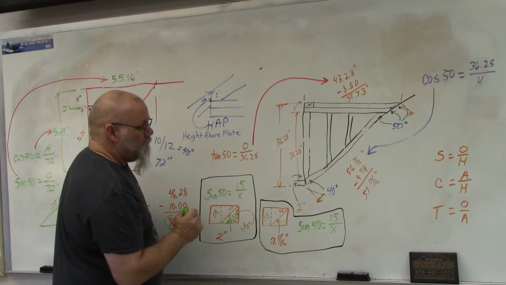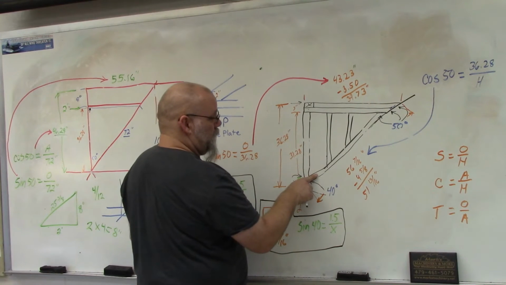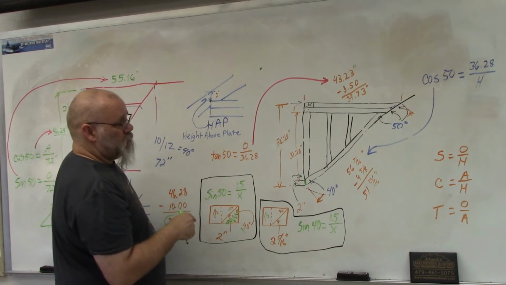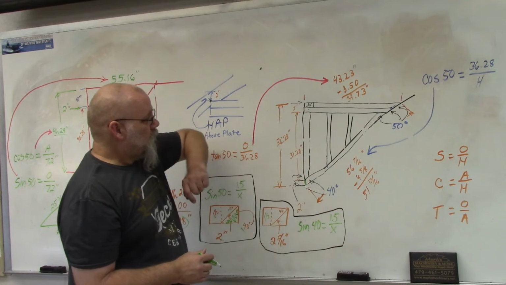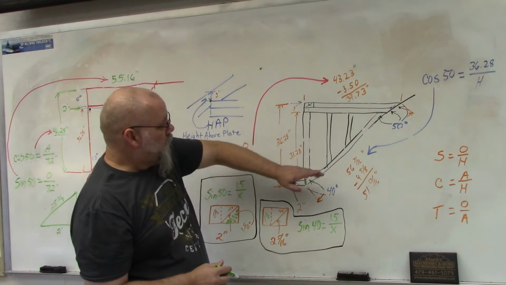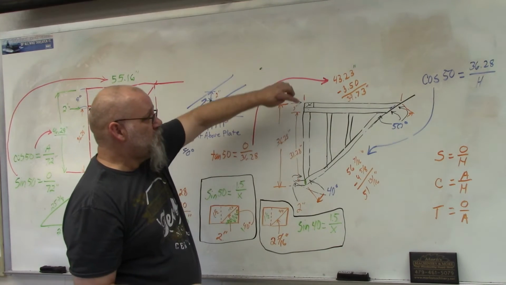Okay? Next one we're going to figure is this bottom plate right here. Now, to get that plate length, this is the hypotenuse, and I don't have the hypotenuse, so I have to use something else.